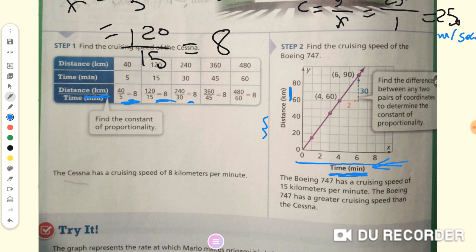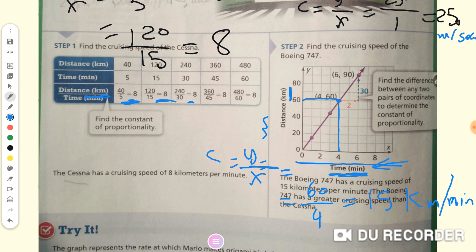Let's now calculate the amount here. We will take any point here, like this one. The constant equals y over x, where y here is 60 and x here is 4. 60 divided by 4 is 15 kilometers per minute. So which one is faster?